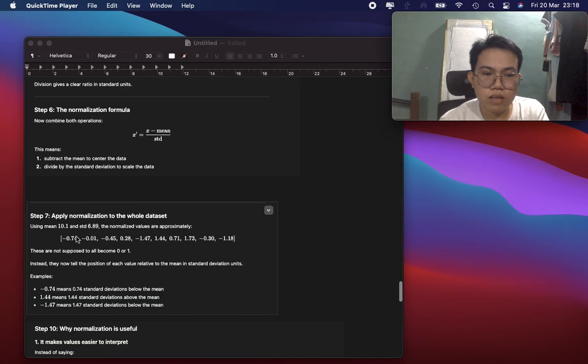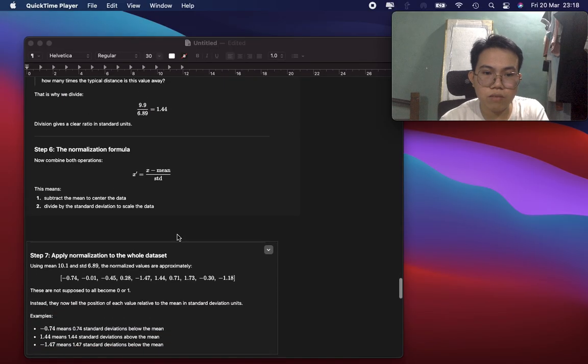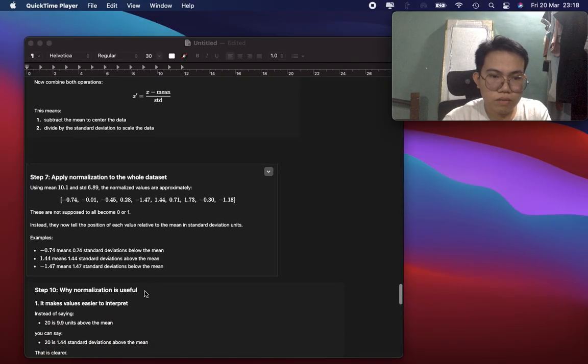This is the produced value, negative 0.74, and so on. We tried it as an example with 20: the 20 becomes 1.44 standard deviations above the mean. And this one is negative 0.47 standard deviations below the mean.